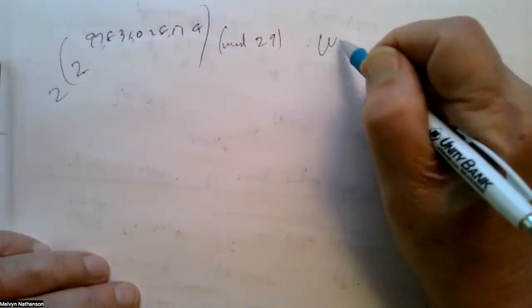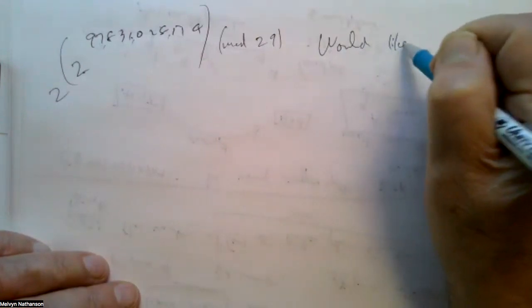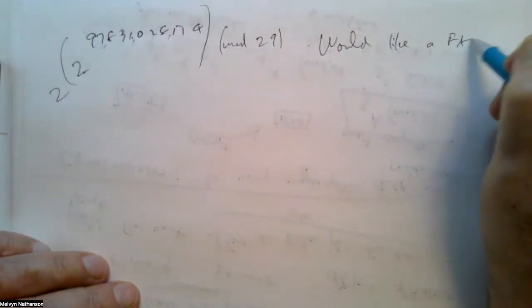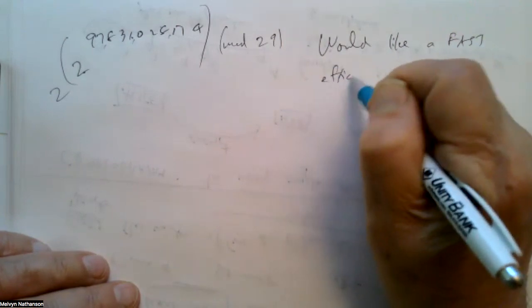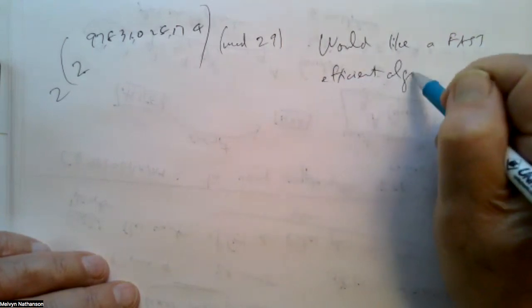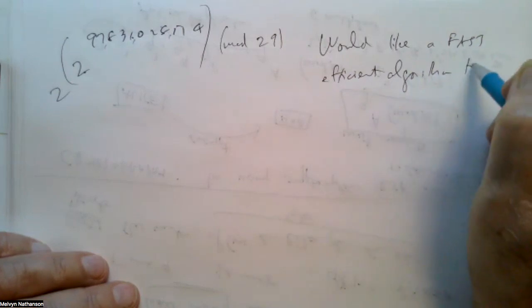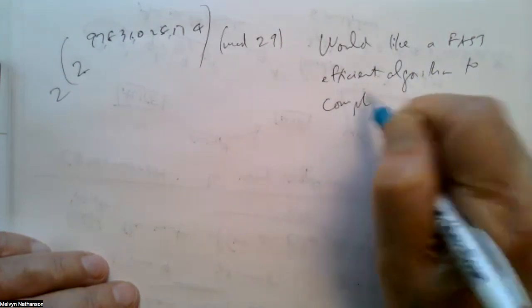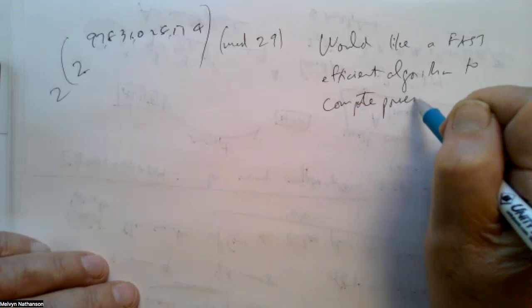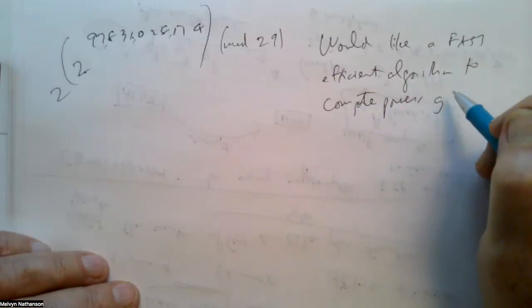So we would like to find a fast, efficient algorithm to compute powers g to the a and reduce mod n. So suppose we have the following problem.